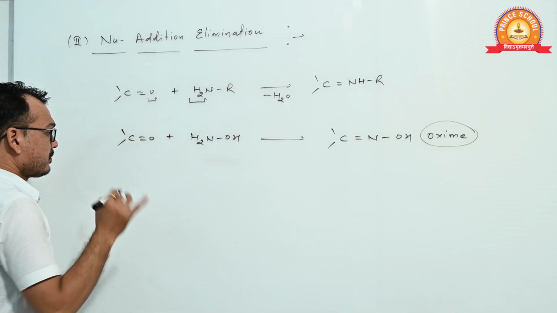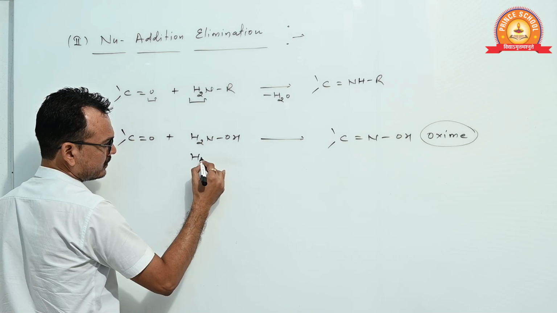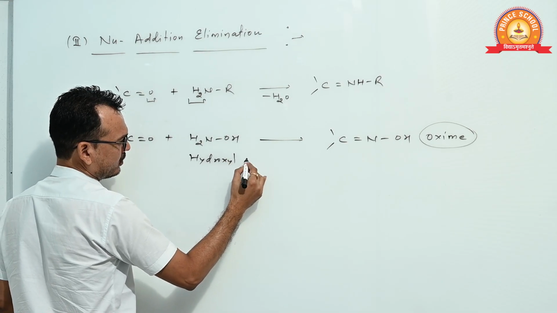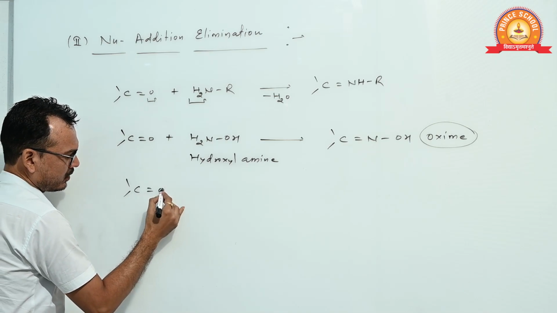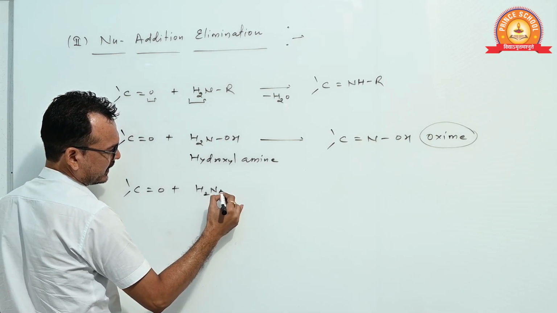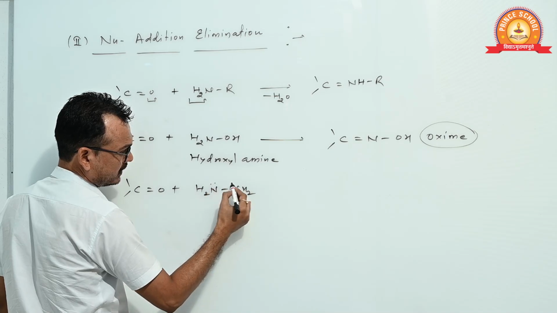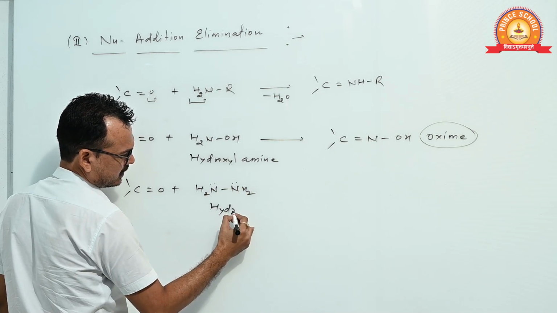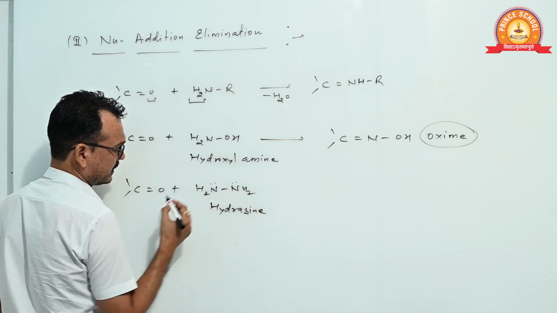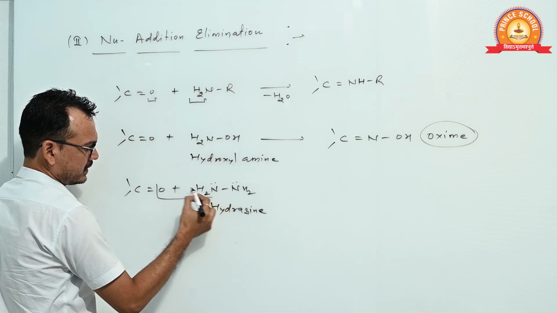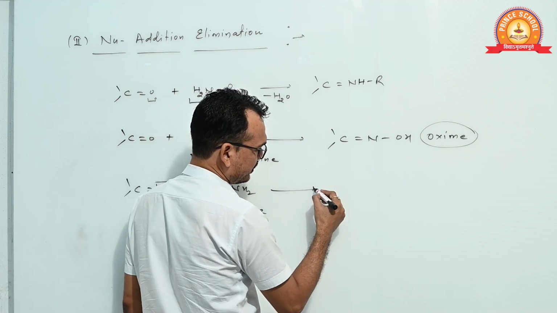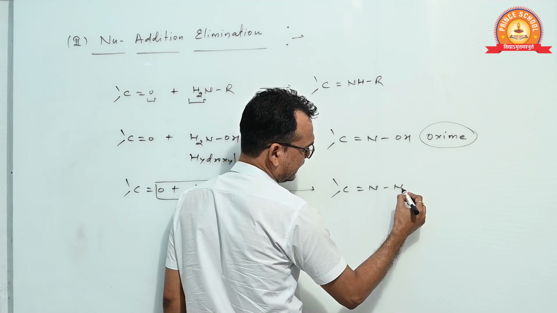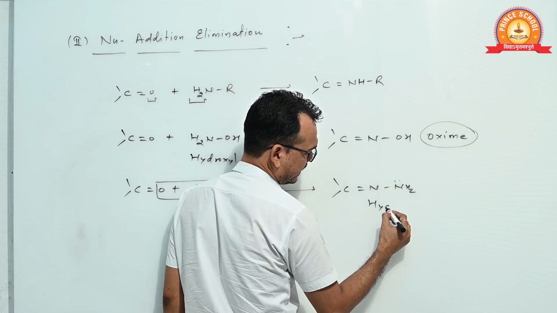Clear? Next, it is the hydroxylamine. Clear? And when a carbonyl compound reacts with hydrazine, H2O is liberated from the reaction mixture and it gives C double bond N NH2, it is the hydrazone.